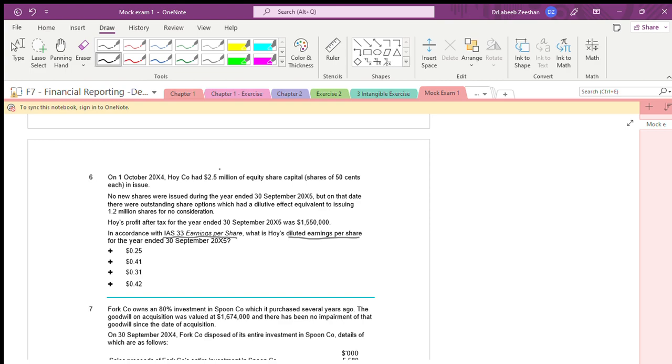But on the date there were outstanding share options which had a dilutive effect equivalent to issuing 1.2 million shares for no consideration, meaning there is nothing we are going to work out. How much is the profit after tax?